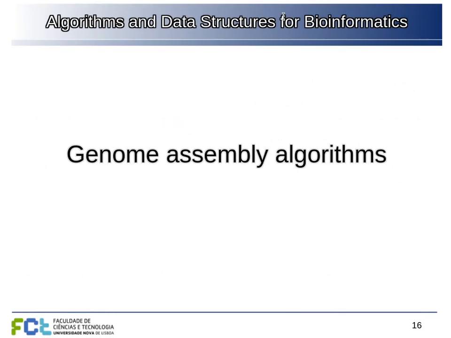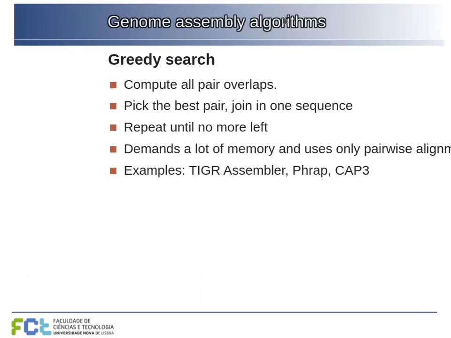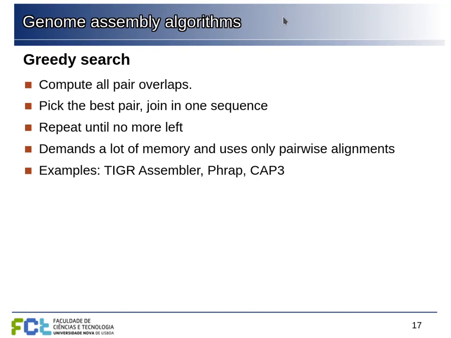Okay, so let's look at different algorithms for this. One simple approach, a greedy approach, would be to compute alignments between all pairs of fragments that we have so that we find overlaps. This can be done with semi-global alignment, for example, where we check if the end of one fragment is aligned with the beginning of the other.